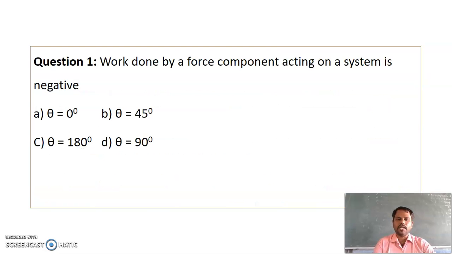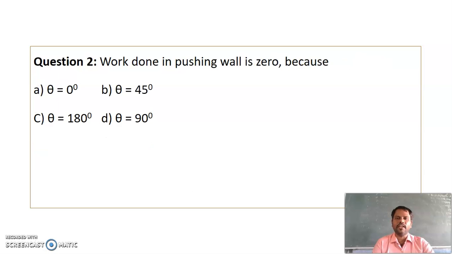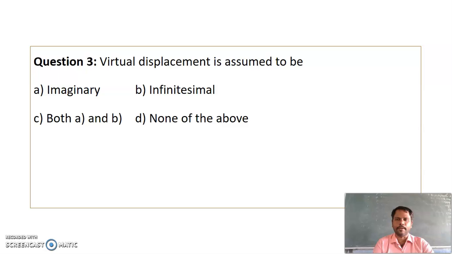So now let's have a small MCQ session. Question number 1. Work done by a force component acting on a system is negative when force and displacement are in opposite direction, when theta is equal to 180 degrees. Work done in pushing a wall is 0 because work is 0 when the angle between them is 90 degrees.